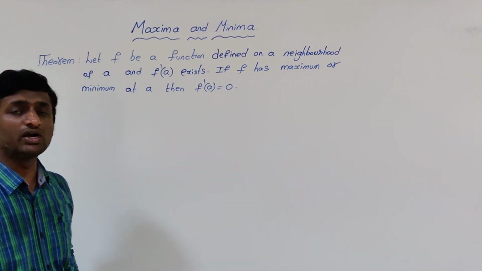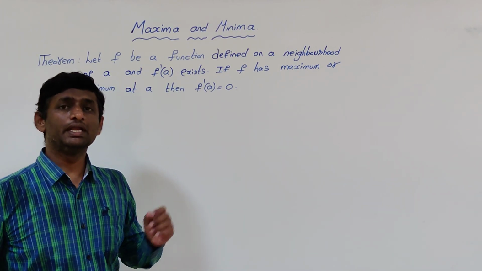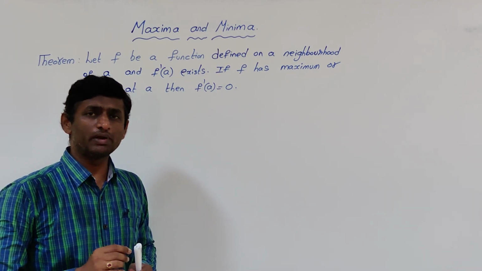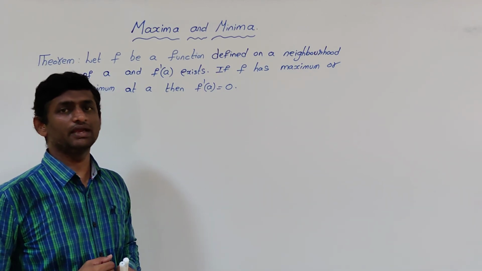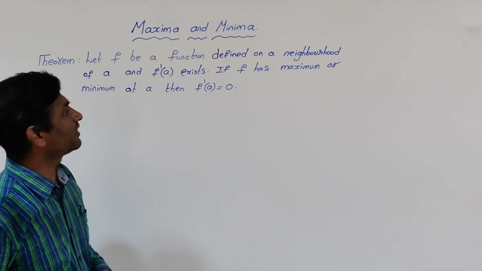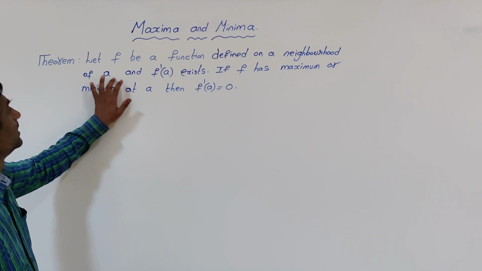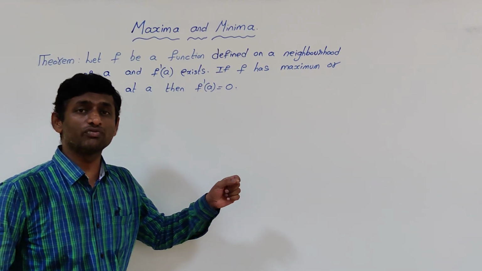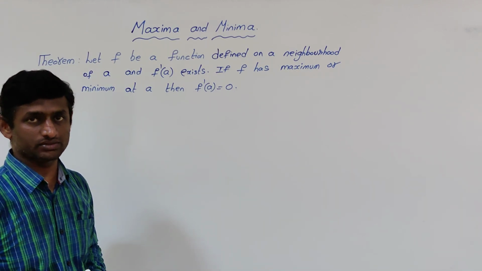let f be a function defined on a neighborhood of a, meaning we take a small open interval which contains a with some delta distance, and f'(a) exists, meaning the derivative at the point x = a exists.